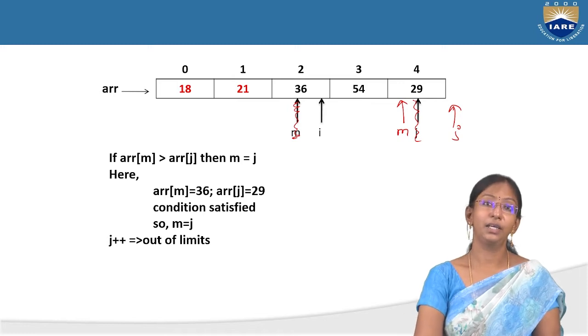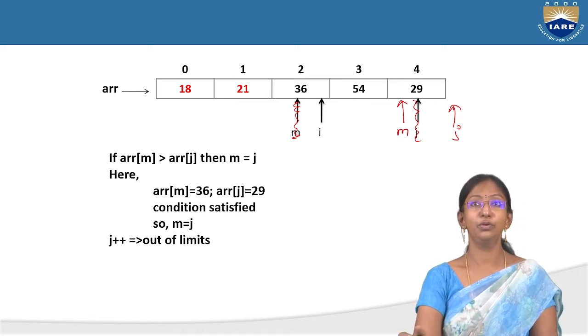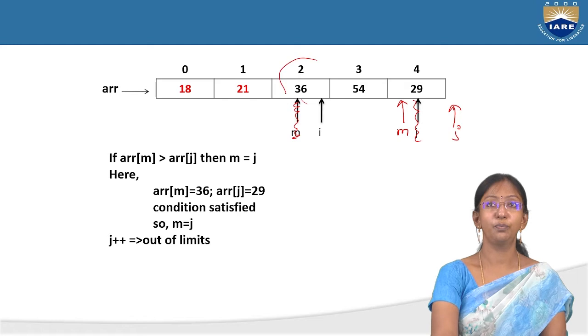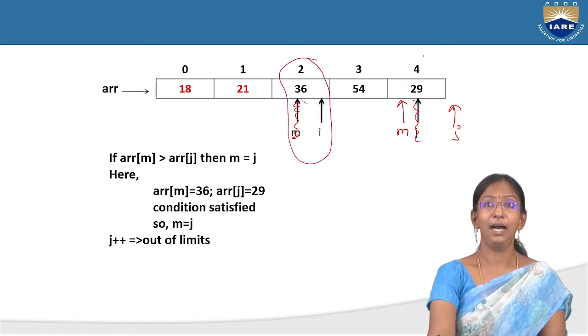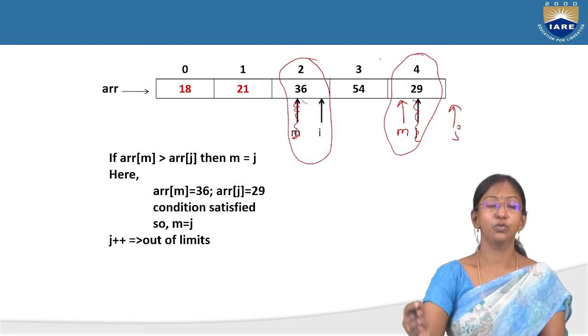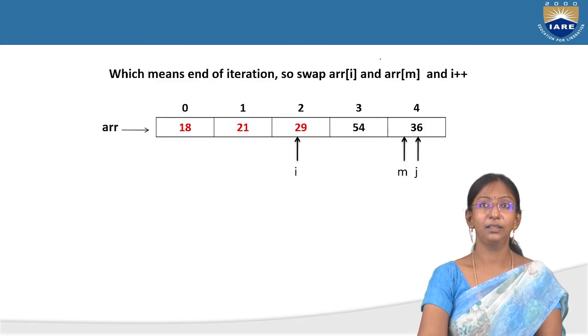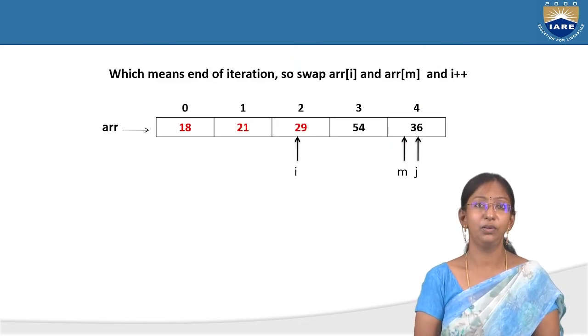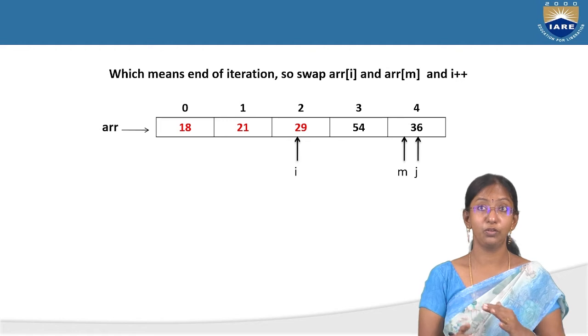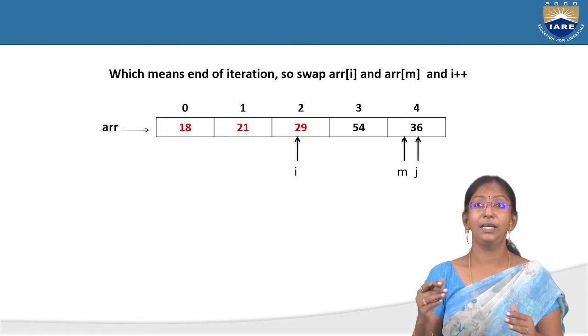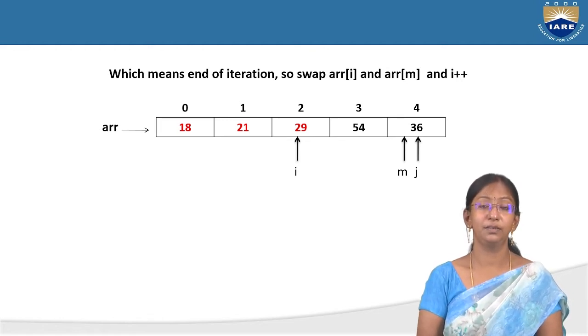So with the end of the current iteration, what are we supposed to do? We have to swap the elements pointed by I and M. So swap 29 and 36. This will be the result. Now I is pointing to the element 29 and M is pointing to the element 36.